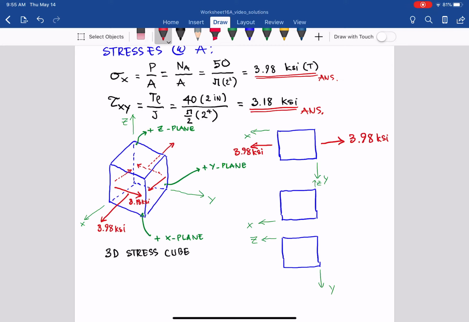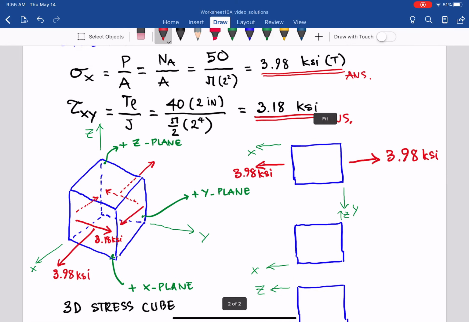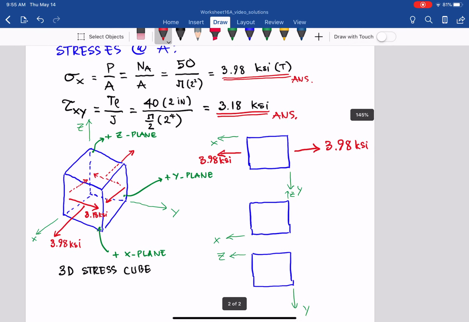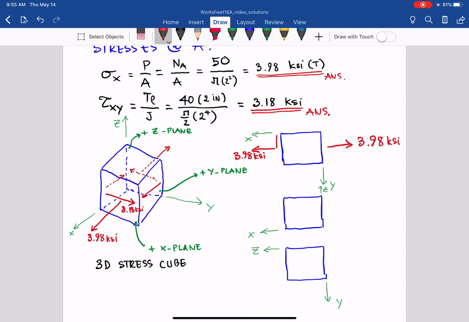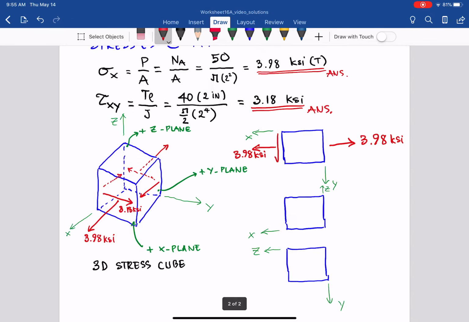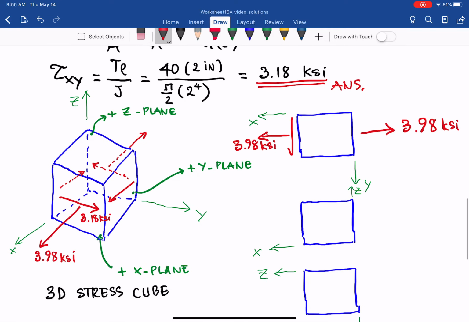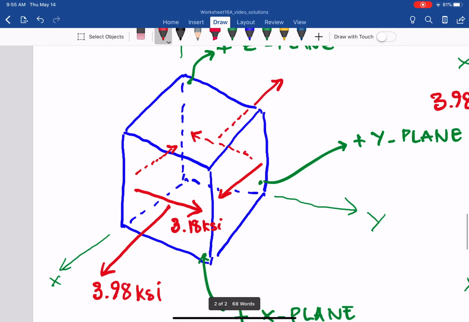And tau xy, as you can see, is positive 3.18 on the positive x-plane and follows the y-axis. So on the positive x-plane, it has to go down to show that it follows the positive y-axis, and it's the same as the 3D cube as you can see here.